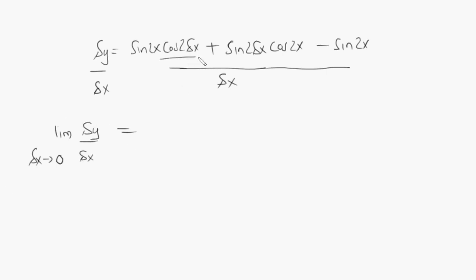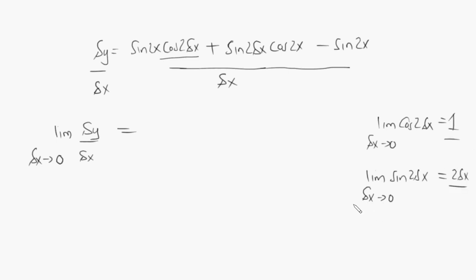Again, I know the limiting value of cos 2 delta x as delta x approaches 0. As it approaches 0, it is 1, okay? And for the sine, as it keeps approaching 0, it becomes that.